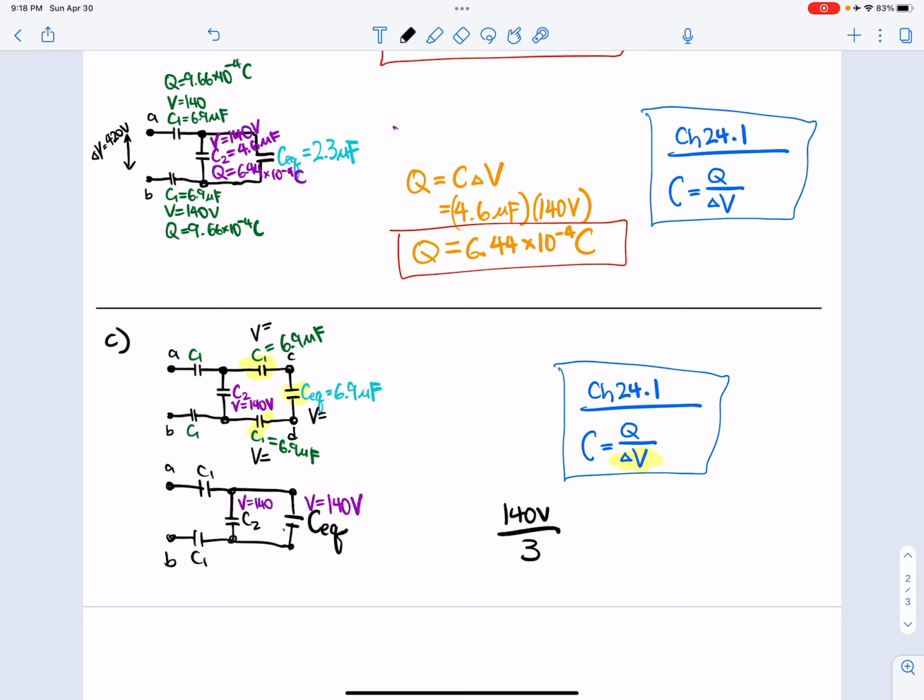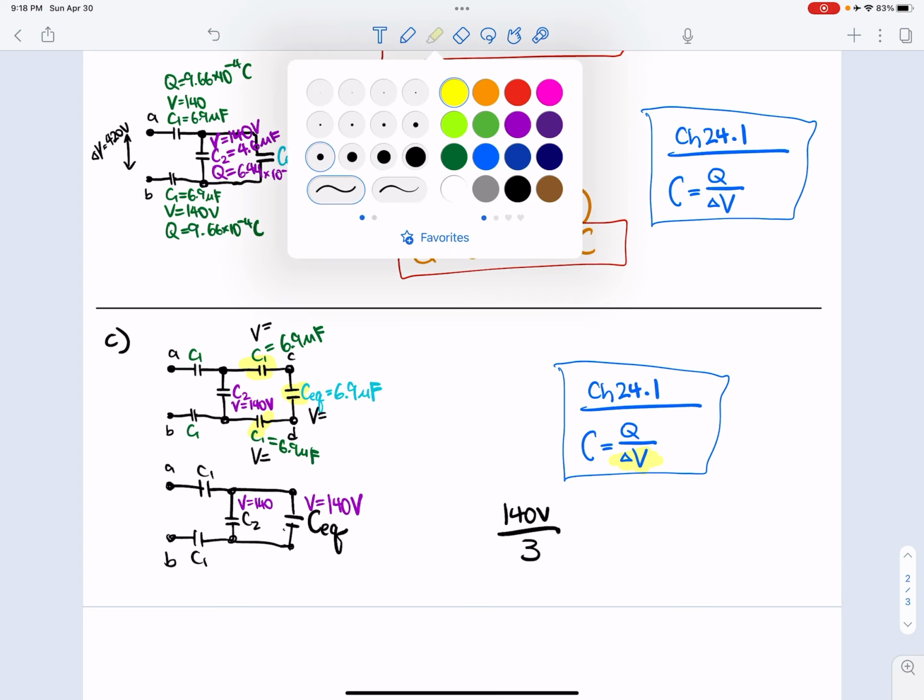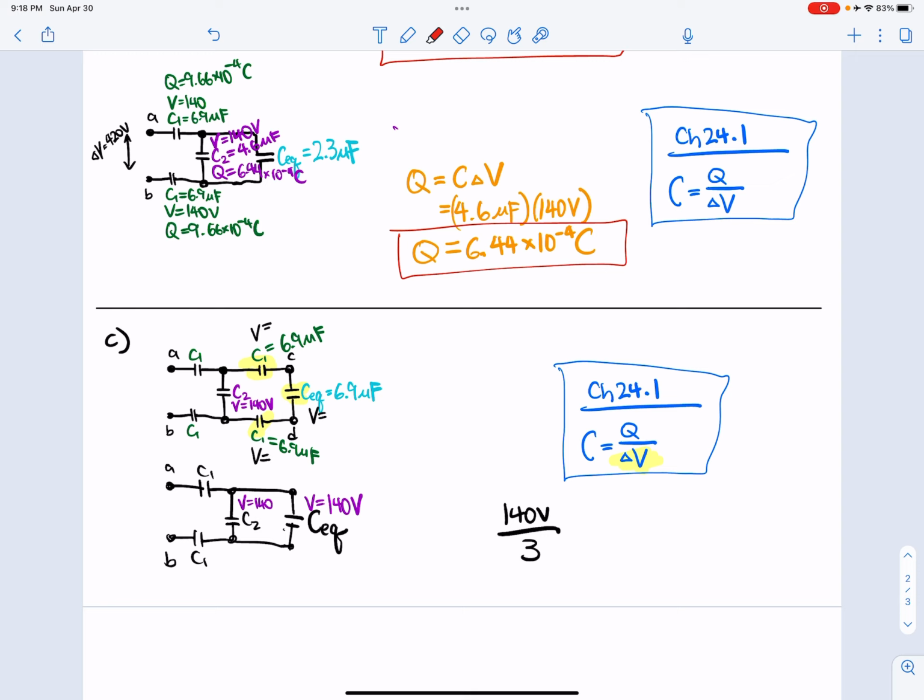More importantly, it answers our question: it gives us the voltage between point C and point D. Plugging that into the calculator, the voltage between point C and D is 140 volts divided by 3, or 46.67 volts. So the answer here is 46.67 volts, the voltage between point C and point D. This is our final answer for part C.